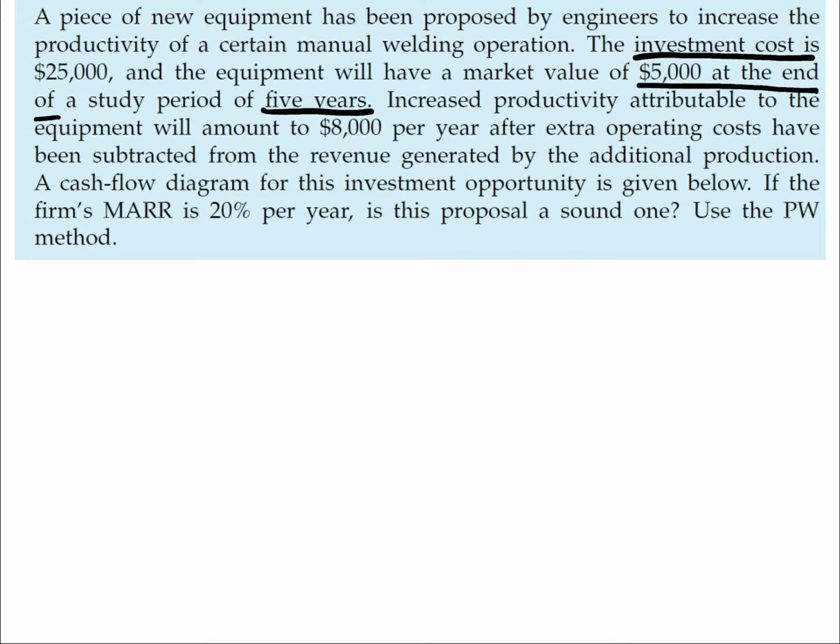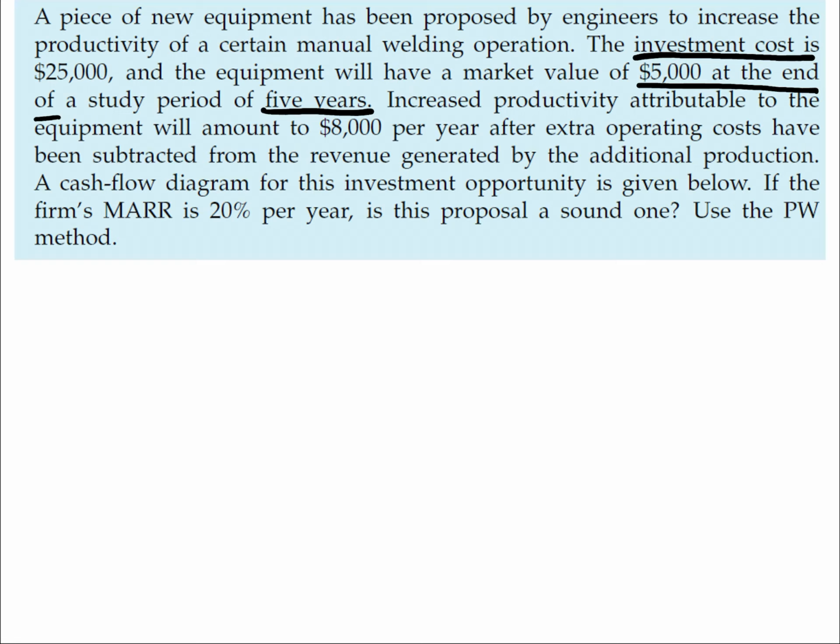Increased productivity attributable to the equipment will amount to $8,000 per year after extra operating costs have been subtracted from the revenue generated by the additional production. So what this means is, while you have some savings from the machine, you also need to have some operating costs and expenditures to use this machine.